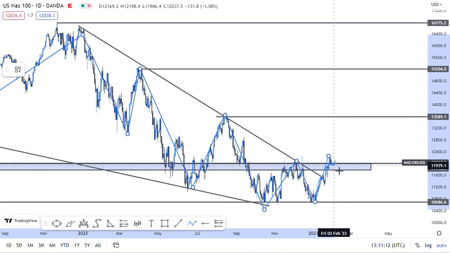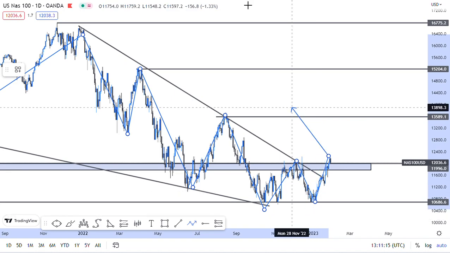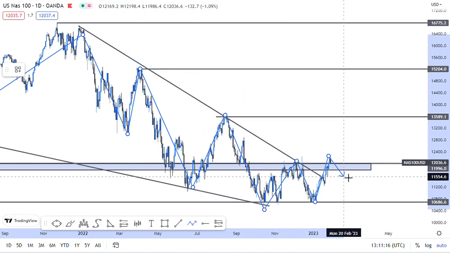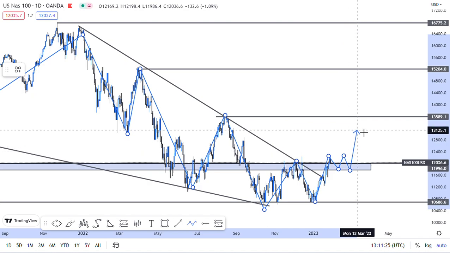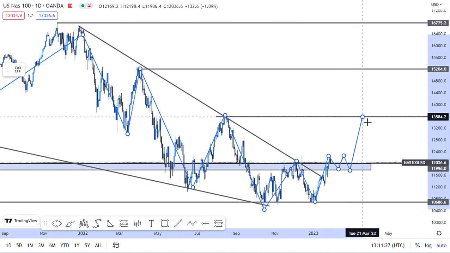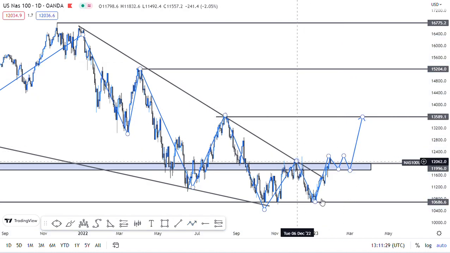So on NAS100, now we've broken our falling wedge. That means we are waiting for what? For a retest. After a retest we do what? We buy. After a retest we buy.